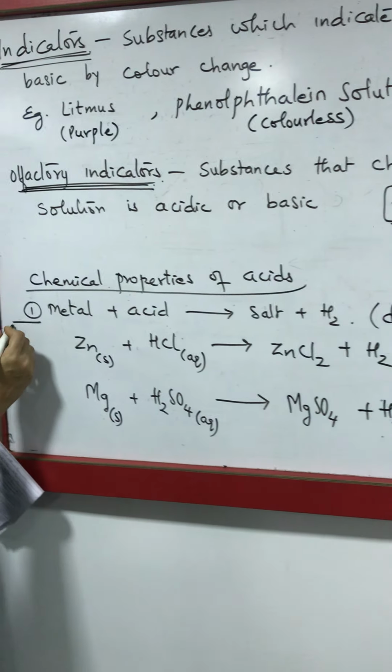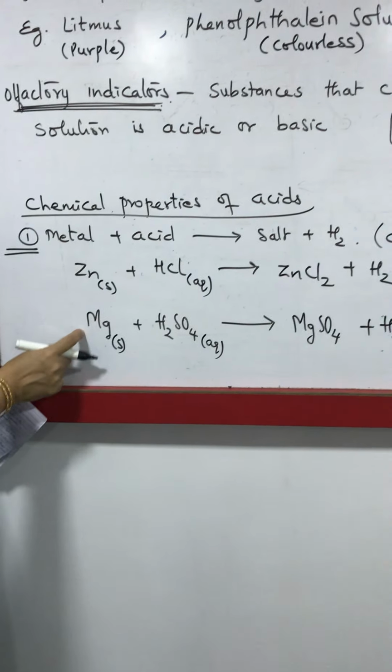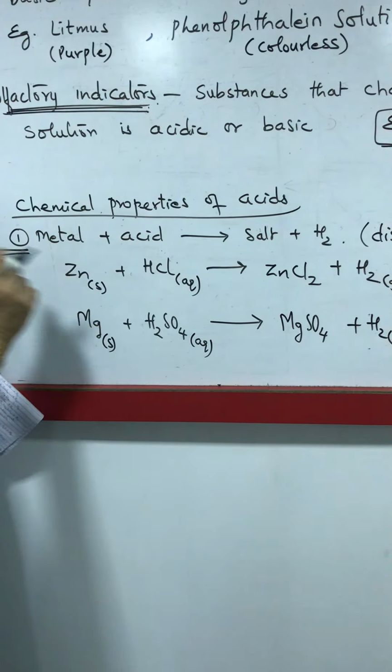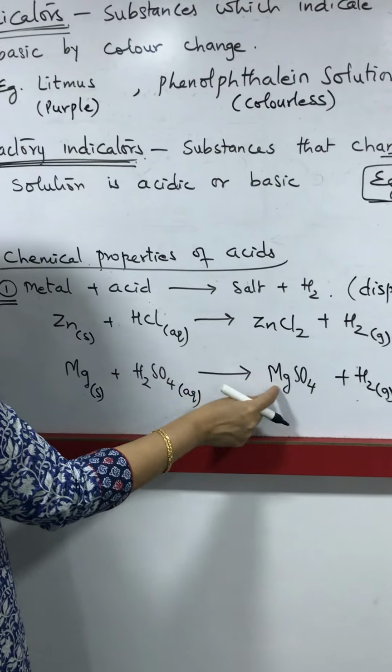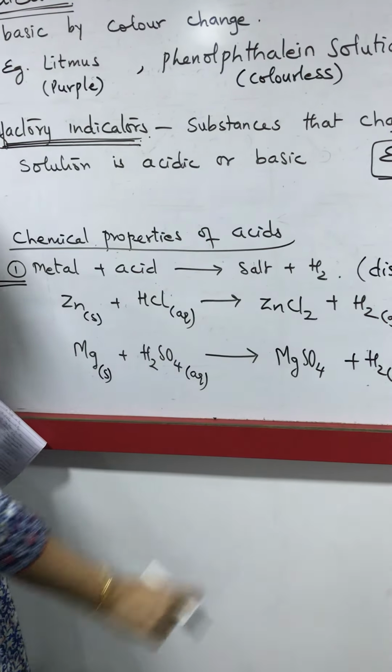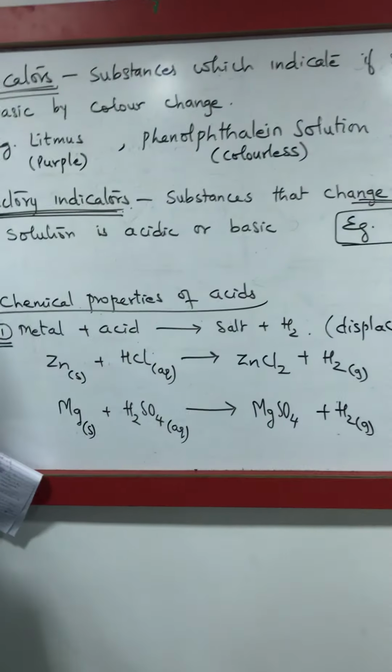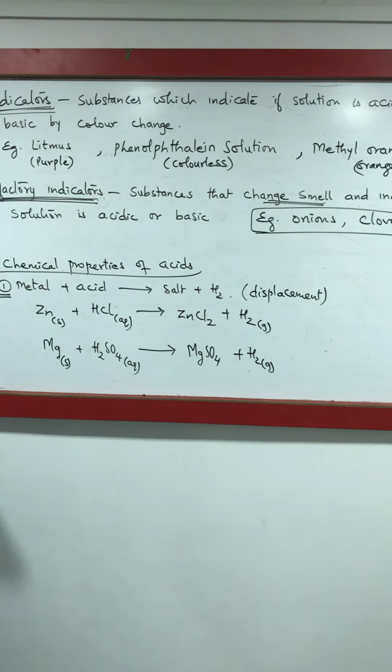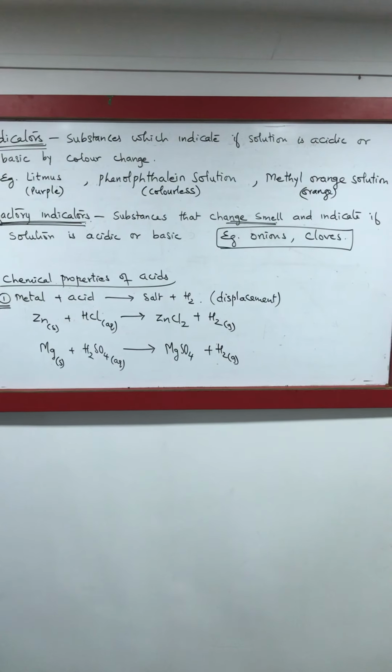So the first property is when we put metals in acid solutions, you will always get a salt and hydrogen gas will be displaced, which will be seen in the form of bubbles.